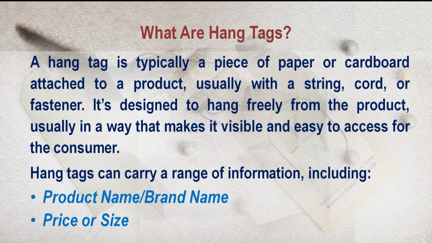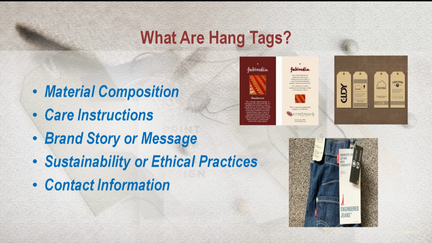We can get the basic information. The main key information included on the hang tags is the product name or brand name. That is the first thing mentioned on the hang tags. Then price or size of the product will be mentioned. Material composition, what material is used.